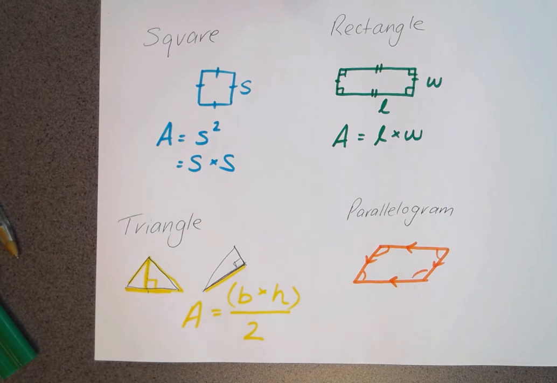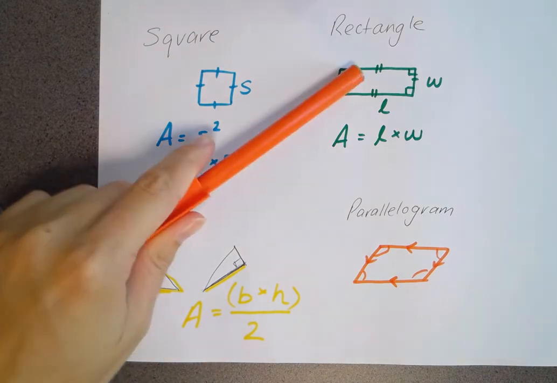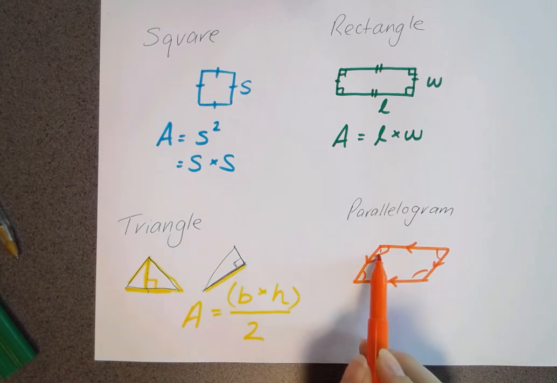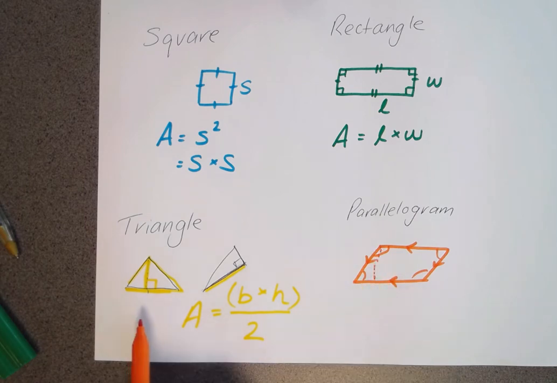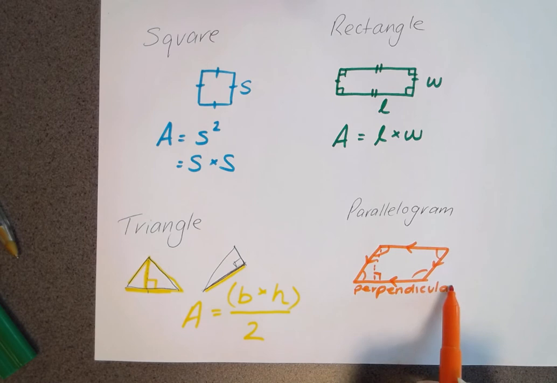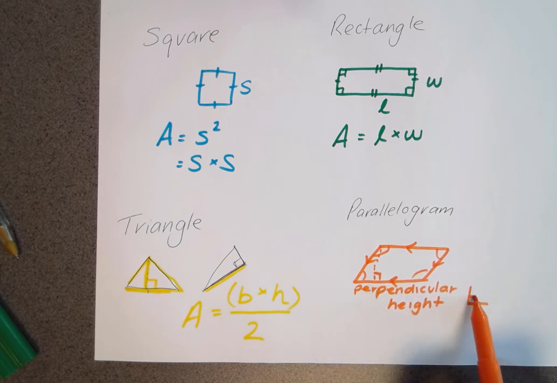This one's very similar to our rectangle, but also you need to take into consideration the height from the base. So it's a little bit like the triangle. We have height from base, so our perpendicular height, which means it is at a right angle from the base.